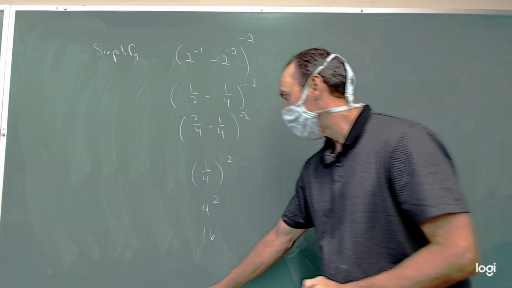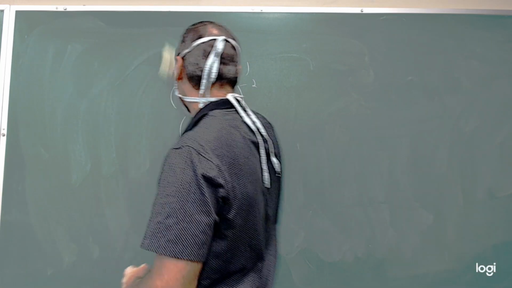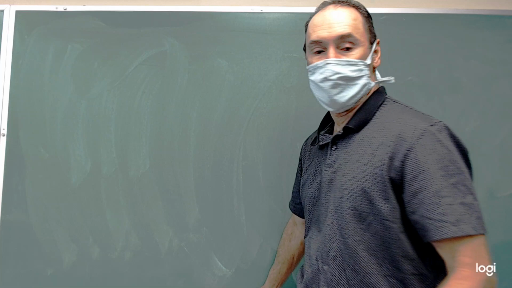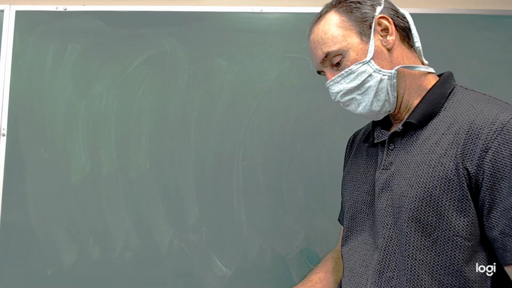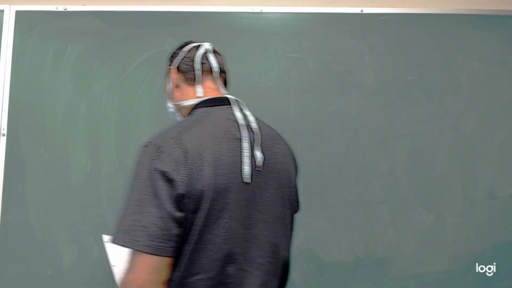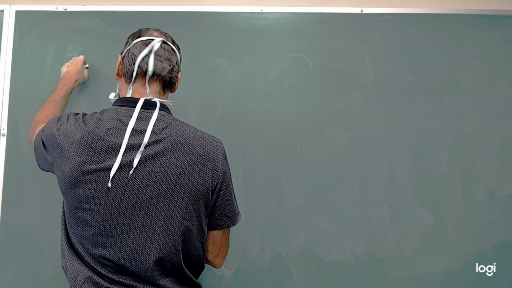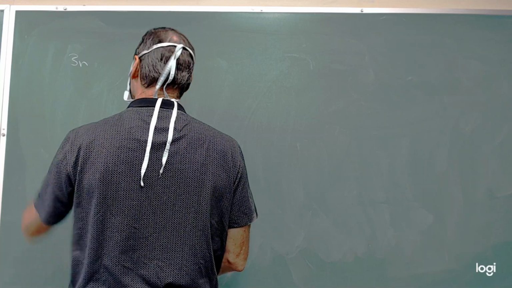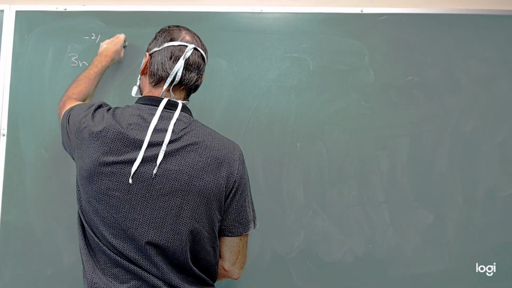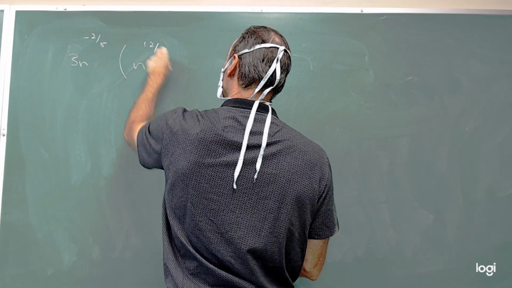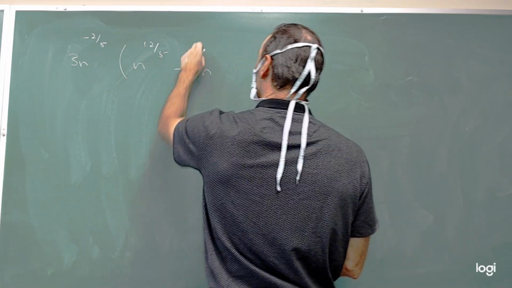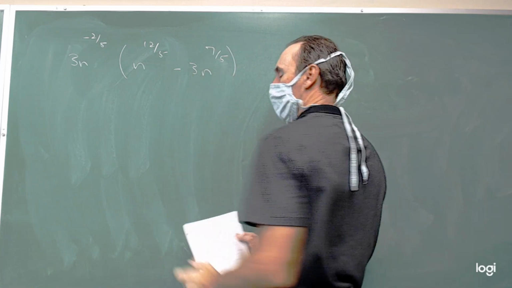Oh, you think these exponents are easy? Okay, do I have a 1 minute problem? Let's see if we can do 3n to the -2/5 times n to the 12/5 minus 3n to the 7/5.